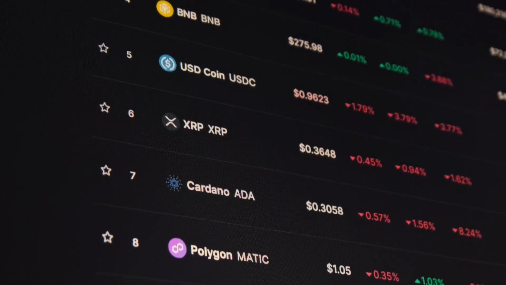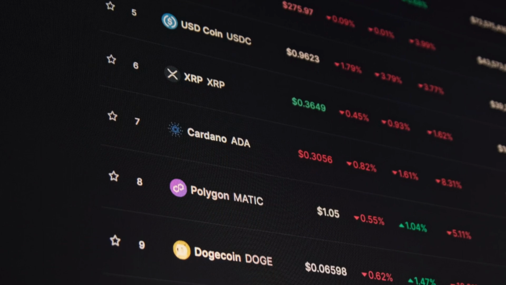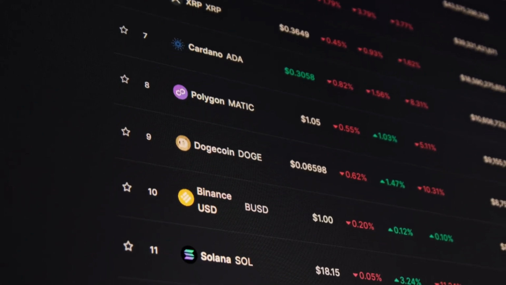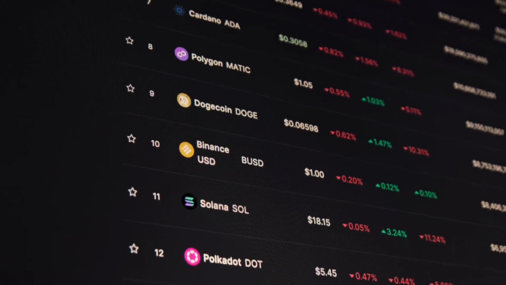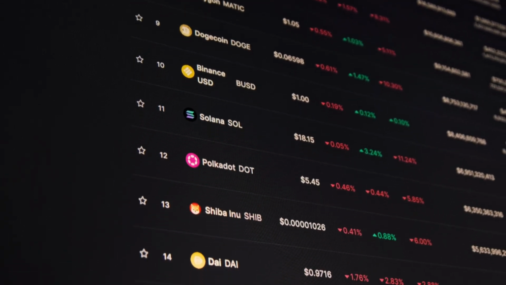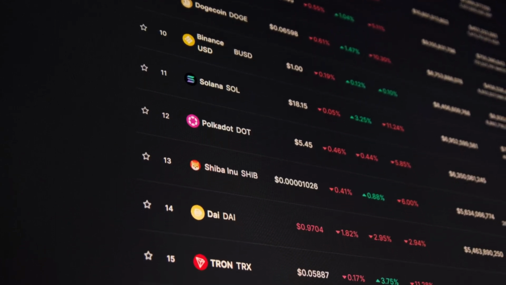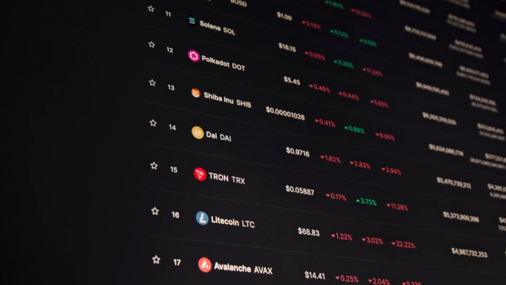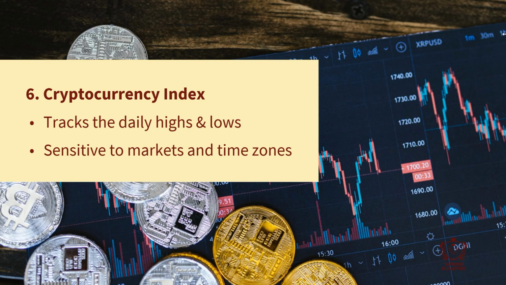You can't trade on the stock market on a weekend. You can't trade on a stock market after hours. But cryptocurrency is 24/7. So it's very sensitive to markets and time zones. While Asia is waking up, the Asian cryptocurrency market is active. And then when the US wakes up, the US cryptocurrency market is active.